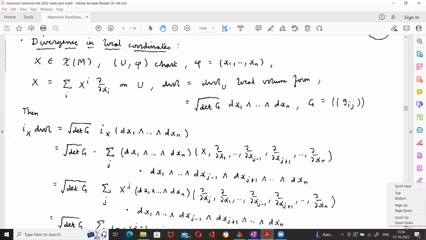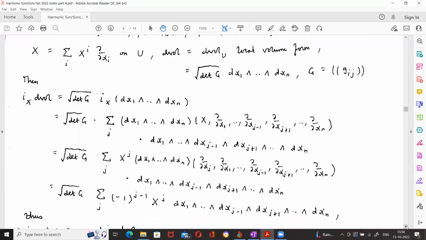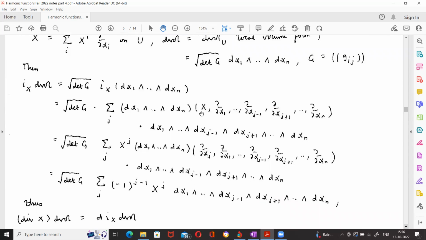And now X, when I write X as summation X^i del/del xi, what will happen? I'll get a summation X^i del/del xi here. So if i is not equal to j, then del/del xi will occur twice here, right?